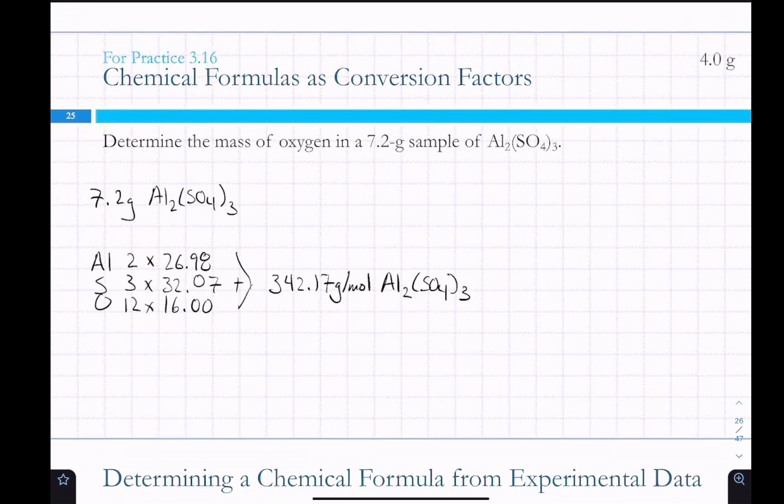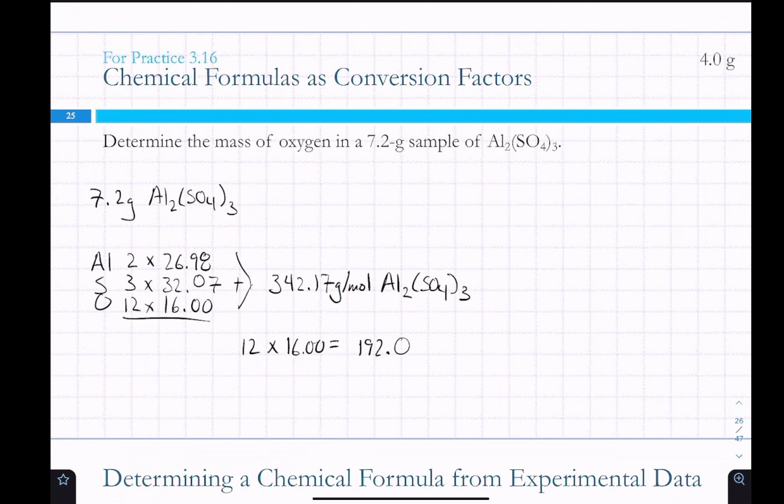So what else do we need to find the percent mass of oxygen? The molar mass of all of the oxygen in this compound. So we can take this 12 times 16. 12 oxygens times 16 grams per mole is going to be 192. This is a great time to address the fact that these counts of atoms, or the subscripts for atoms in a chemical formula, are exact numbers. There's exactly that number of those atoms in every one of those molecules.